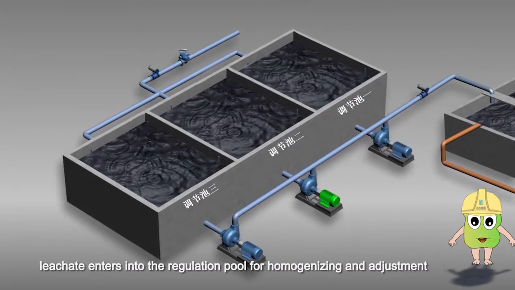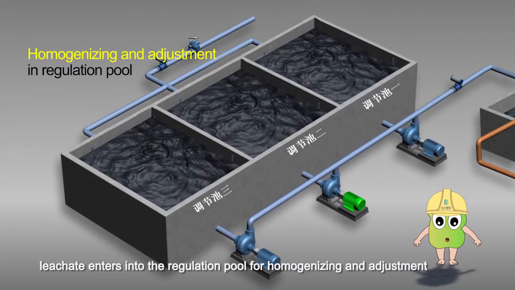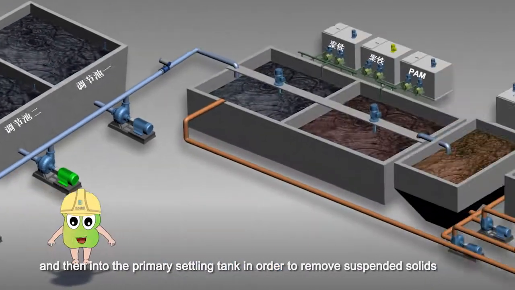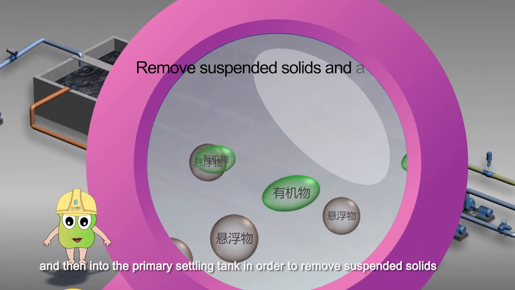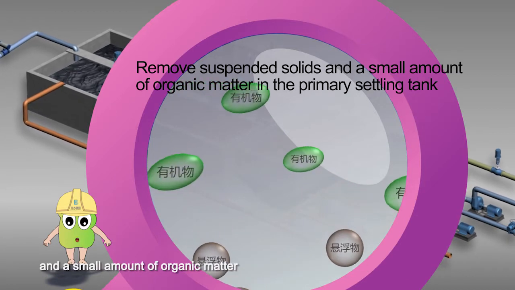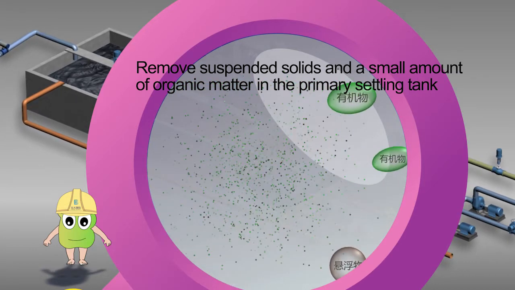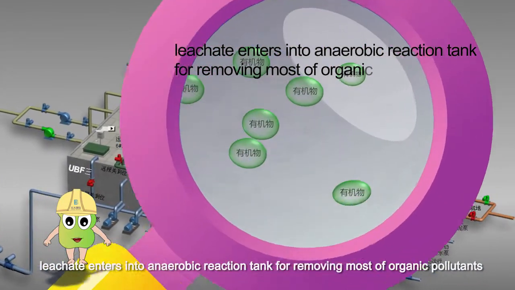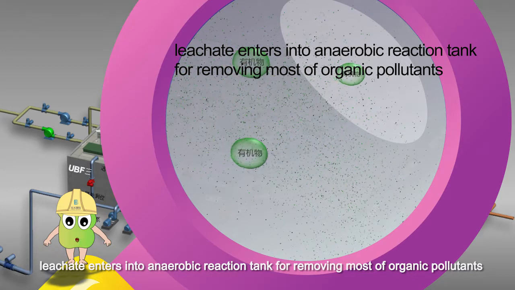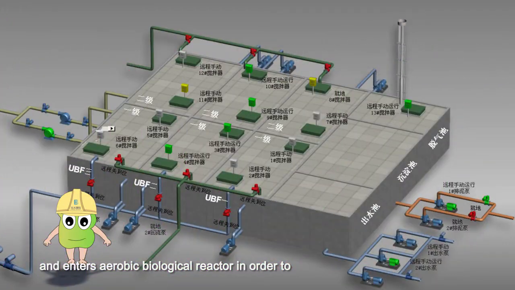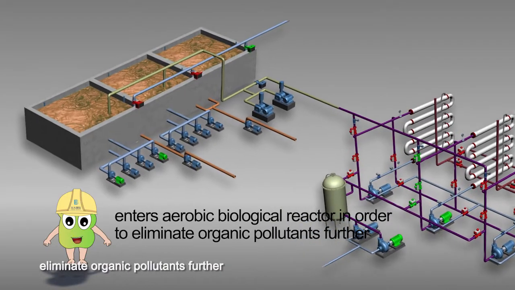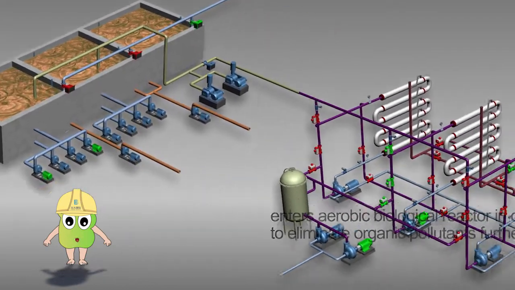In the leachate treatment station, leachate enters into the regulation pool for homogenizing and adjustment, and then into the primary settling tank in order to remove suspended solids and a small amount of organic matter. Later on, leachate enters into an anaerobic reaction tank for removing most of the organic pollutants and enters the aerobic biological reactor in order to eliminate organic pollutants further.